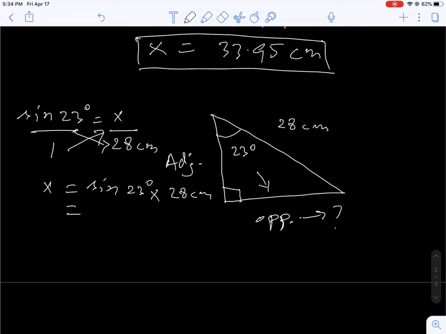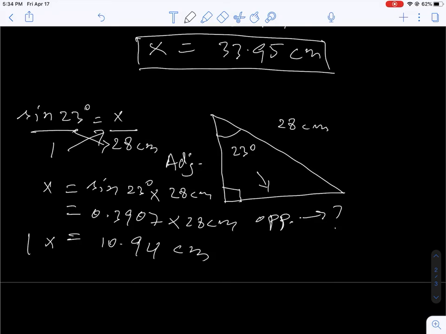So sine 23, I'll punch in the numbers into my calculator. I'll push sine first and then 23, and it's telling me it's equal to 0.3907. I'm going to times it by 28 centimeters. So I will get 10.94 centimeters.